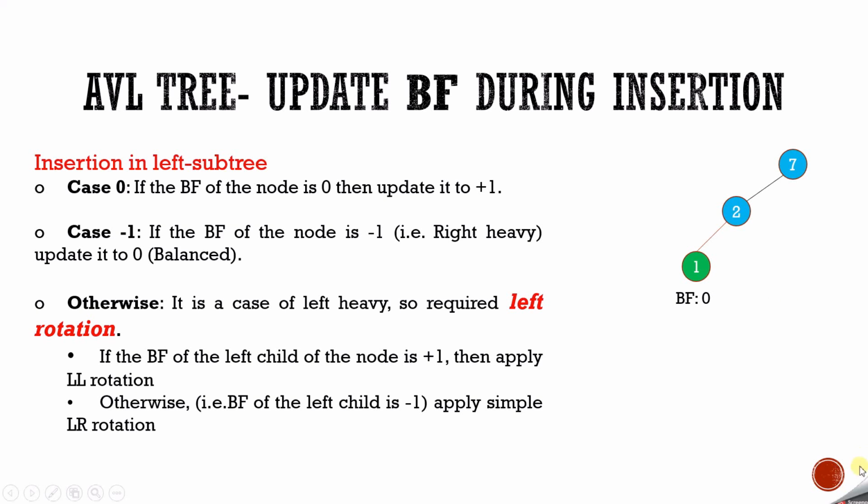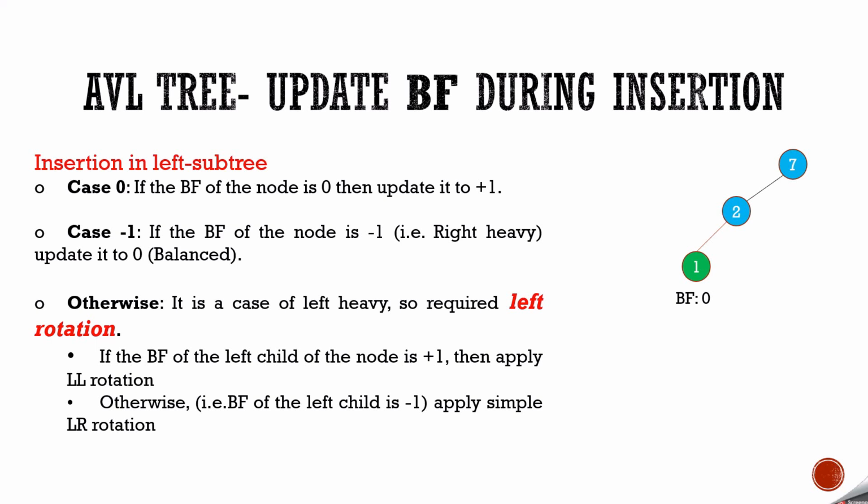So now how will we update the balancing factor of all the 3 nodes? If the case is 0, that means if the balancing factor of a node is 0 before insertion of any node, then first you have to look into which side you are actually adding. Are you adding in the left subtree or in the right subtree of a particular node?